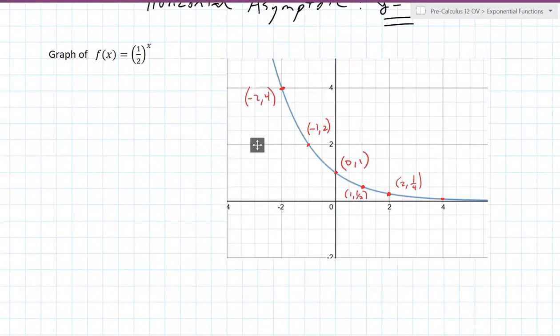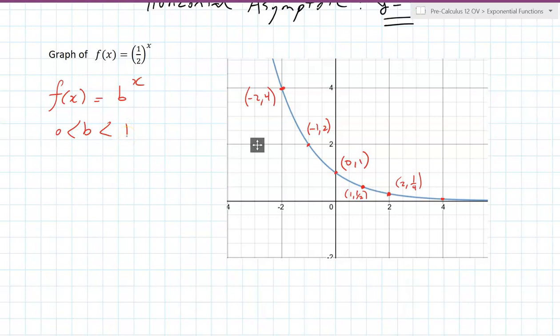Okay, so what happens if the base is now between 0 and 1? So it's a fraction. I want to make a note here. If you have f of x equals b to the x, we're looking at where b is between 0 and 1, a fraction.